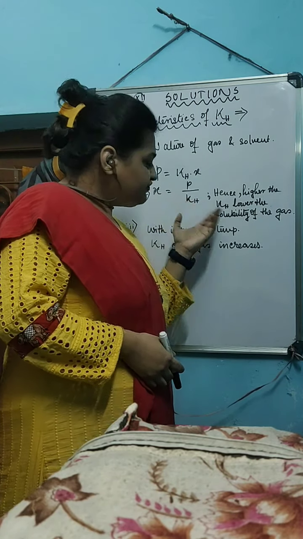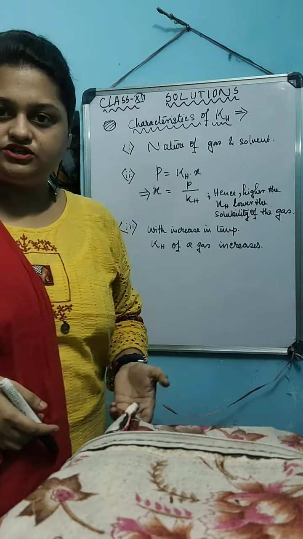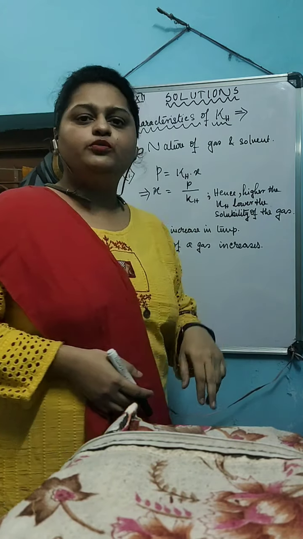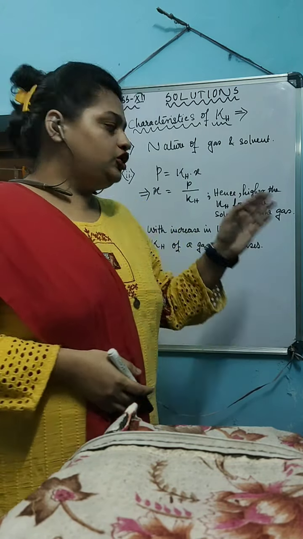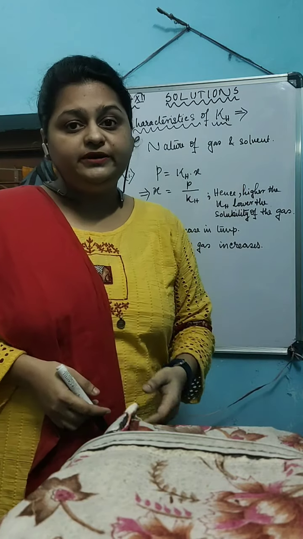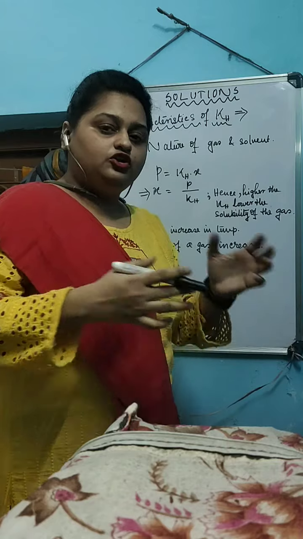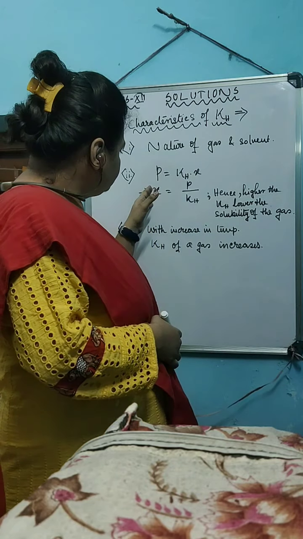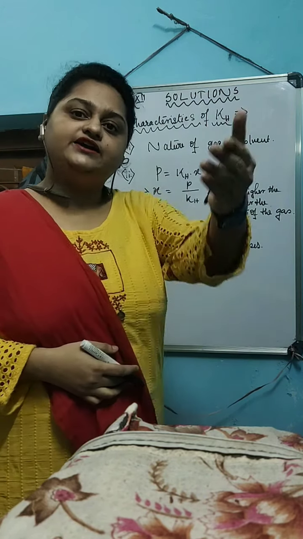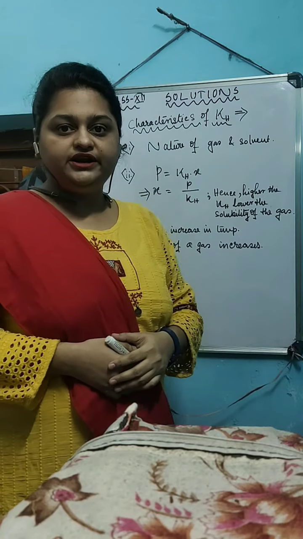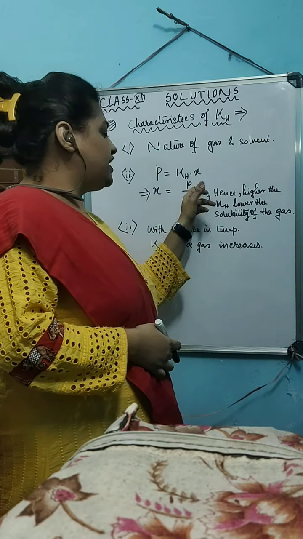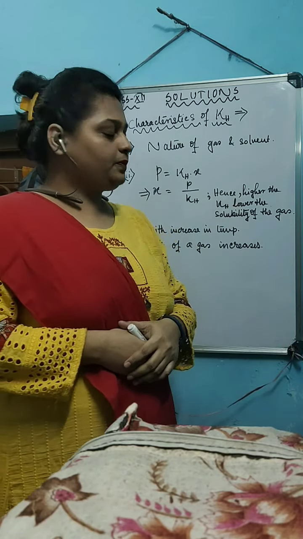Now, a gas having higher kH, as it is in the denominator, will produce a lower x value, lower solubility. When a gas has lower kH, it will produce a higher x value, higher solubility, if both gases have the same partial pressure.